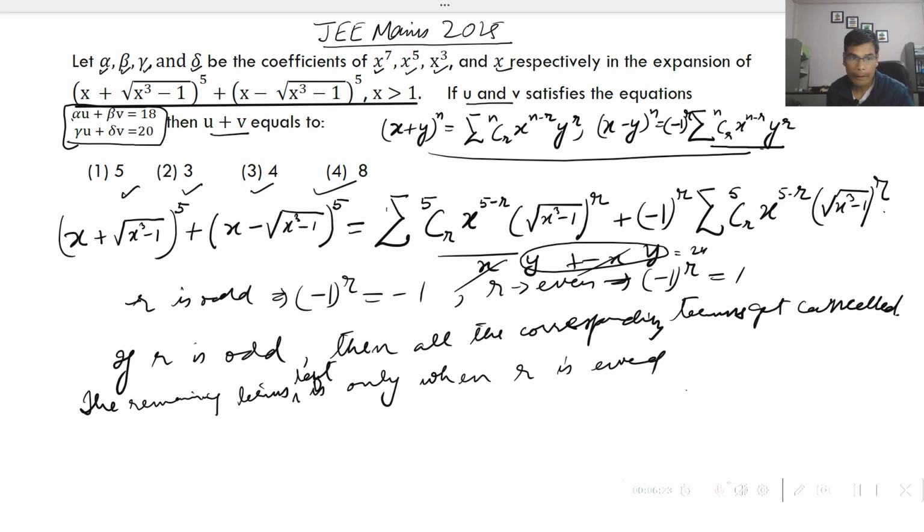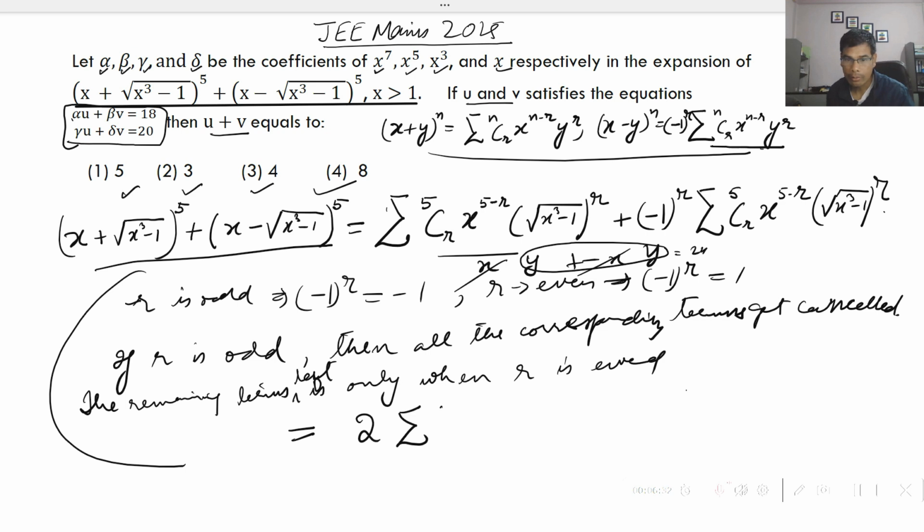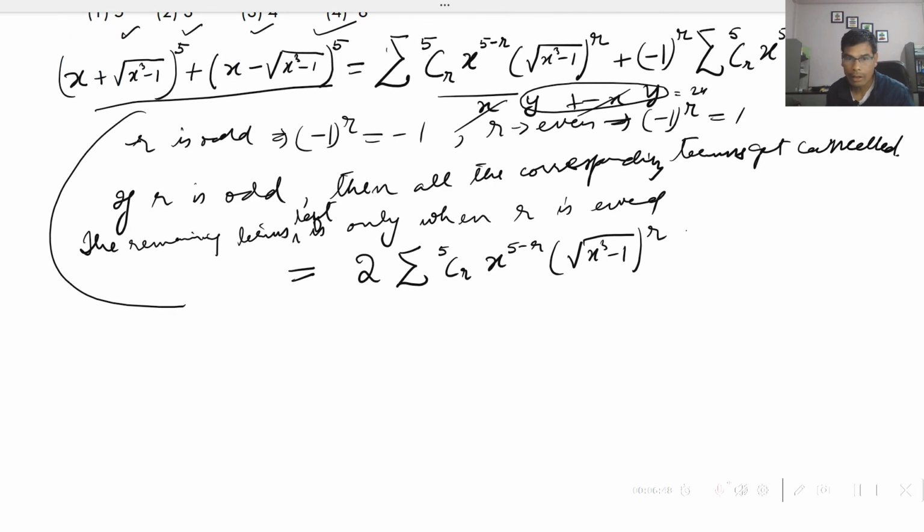So therefore this whole thing is equal to twice the summation of 5Cr, then x to the power 5 minus r, then square root of x cubed minus 1, this whole thing raised to the power r, and now the values of r are 0, 2 and 4. So which is equal to 2.